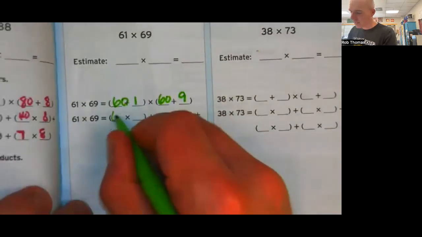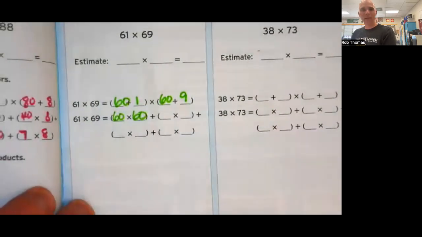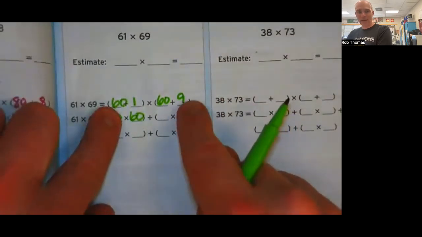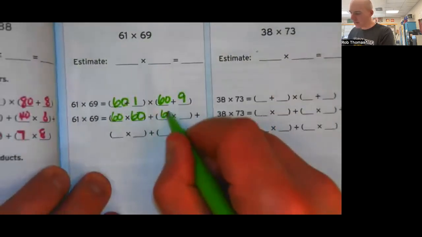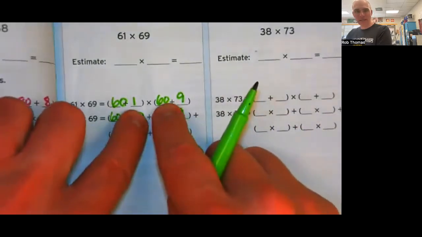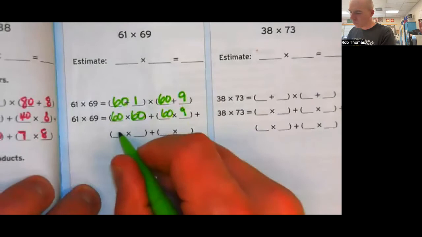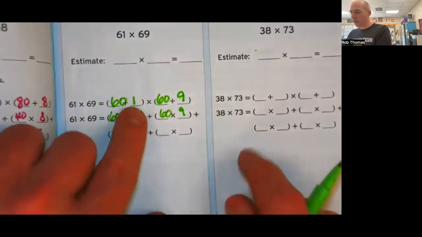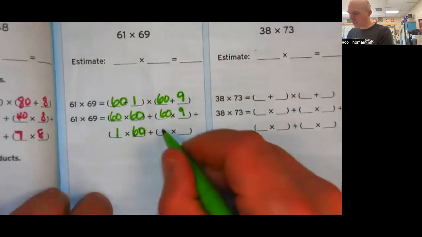So I got 60 times 60. And I got my outers, which is the 60 and the 9. So 60 times 9. Now I'm doing my inners, which is the 1 and this 60. So I got 1 times 60. And then I do my last, which is the 1 and the 9. So I got 1 times 9.